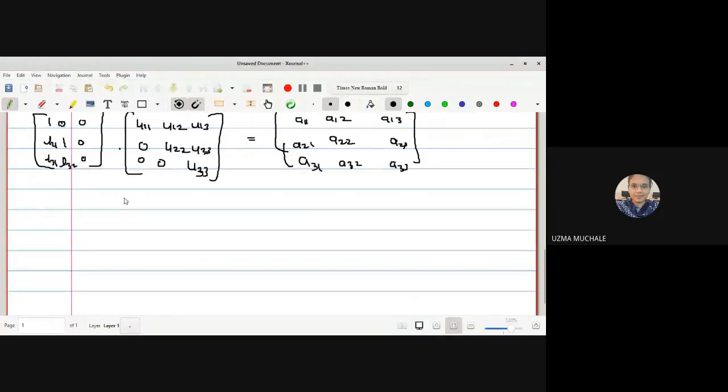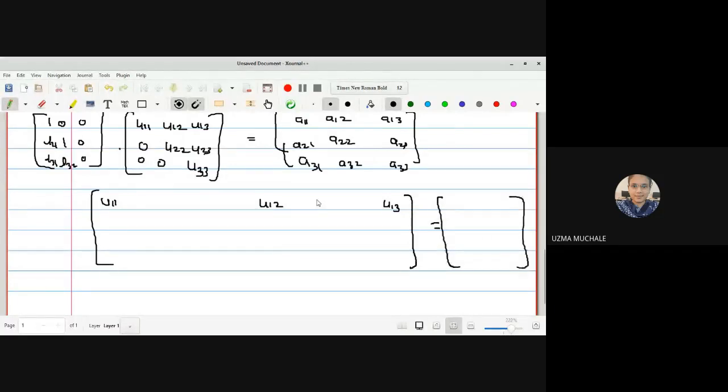As both are 3 cross 3 matrices, the resultant is again a 3 cross 3 matrix. The first row entries will simply be U11, U12, U13.